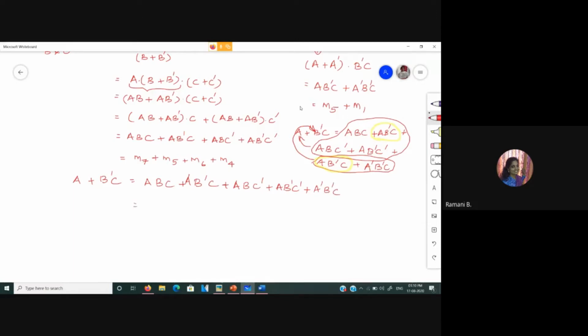This is nothing but again m7 plus m5 plus m6 plus m4 plus m1. You can also write this as summation of the minterms. So I am writing it in ascending order: 1, 4, 5, 6 and 7. So this is the sum of minterms expression for this f.